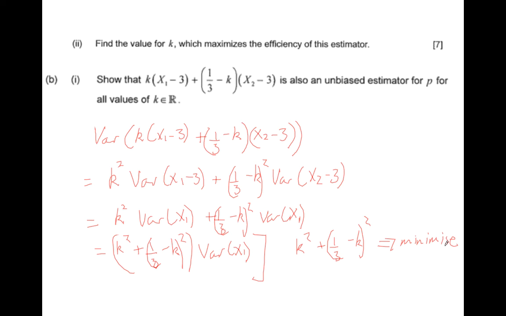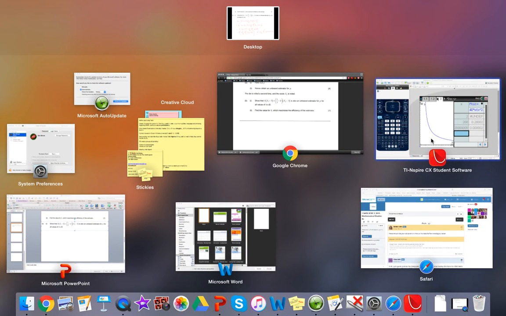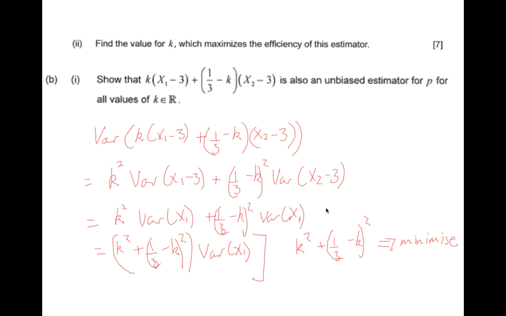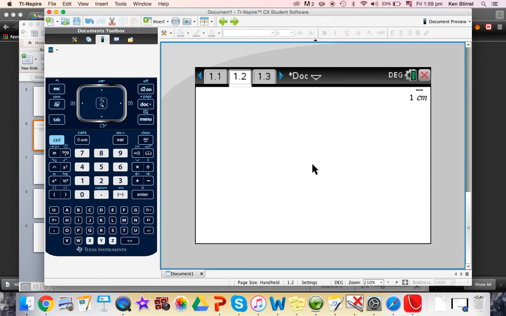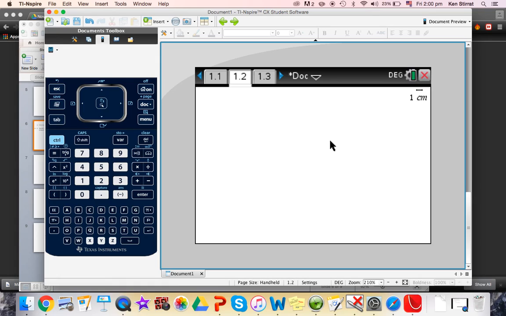This is where we should really just switch to the calculator. Let's have a look. We've got k squared plus 1/3 minus k all squared. Let's go to doc, insert graph.